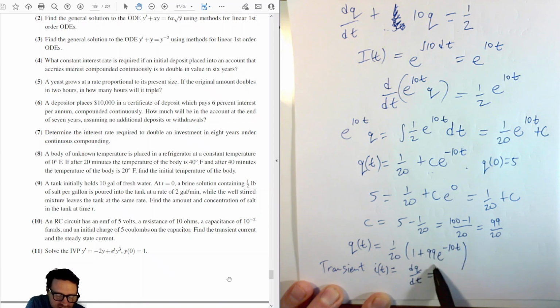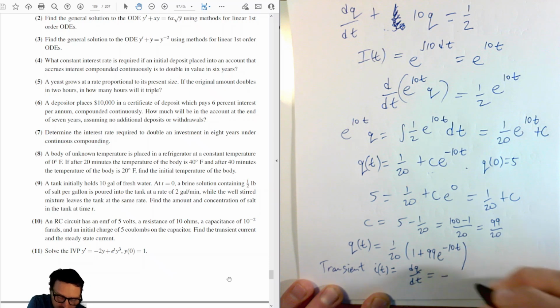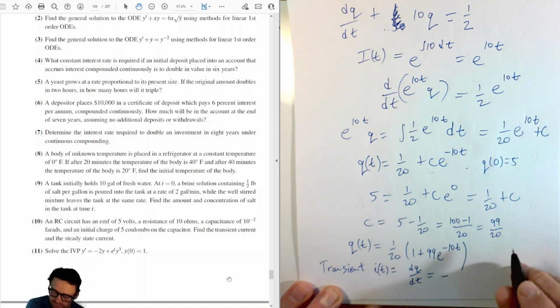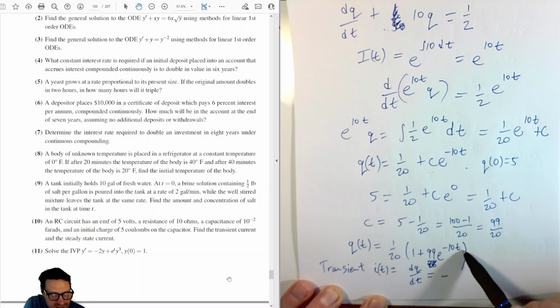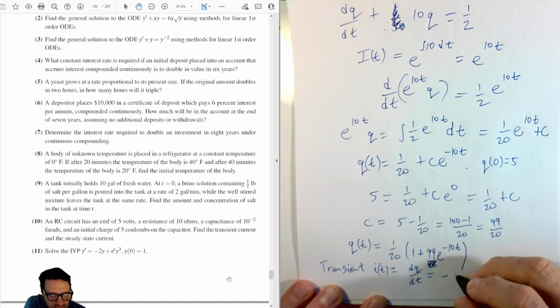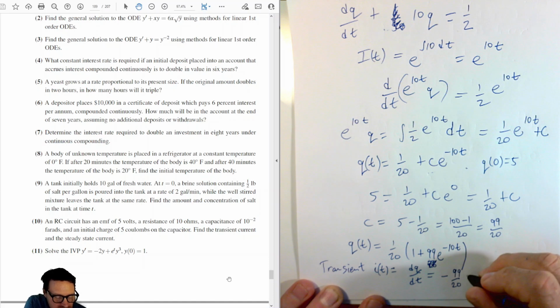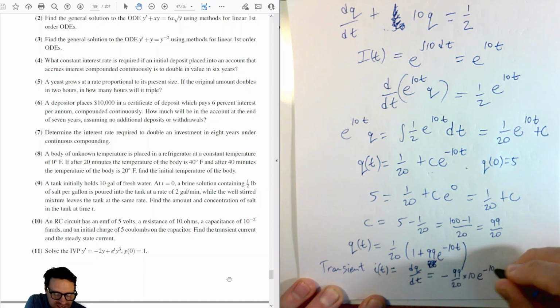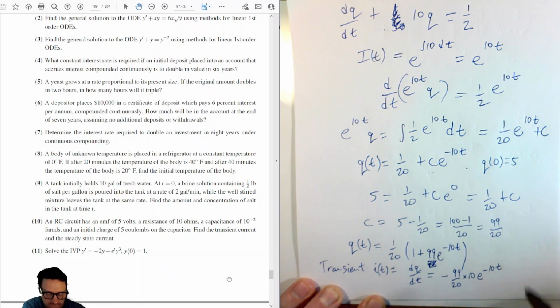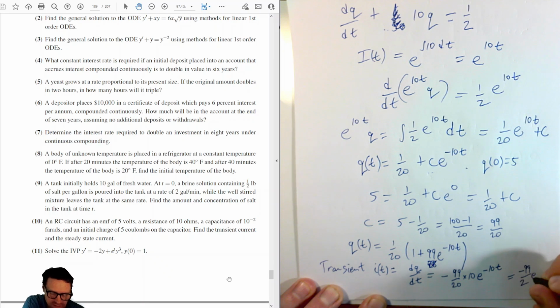And then the derivative of 99 e to the minus 10t over 20 is minus 99/20 times 10 e to the minus 10t. Okay, in other words, minus 99/2 e to the minus 10t.